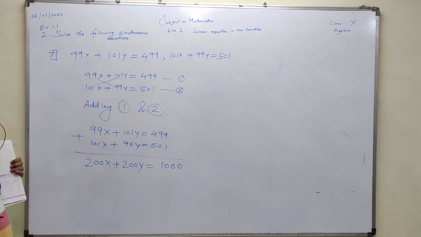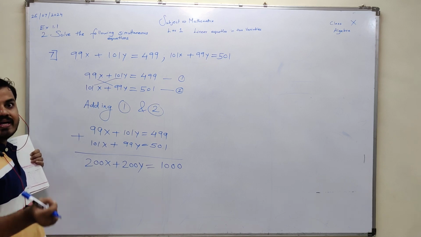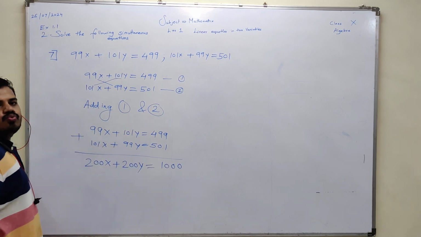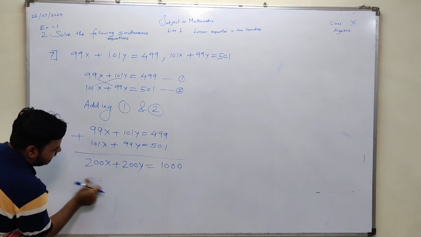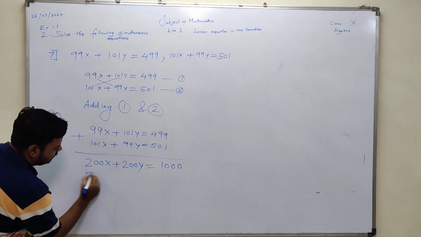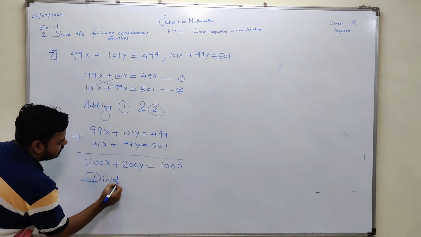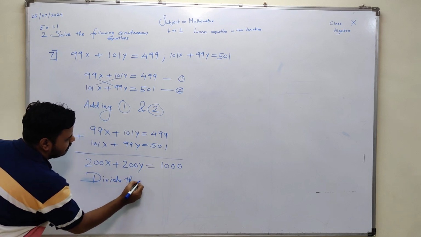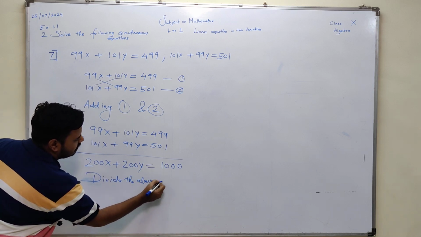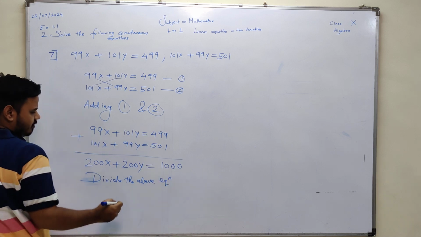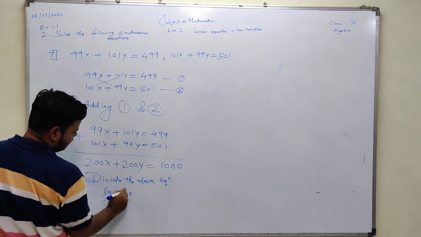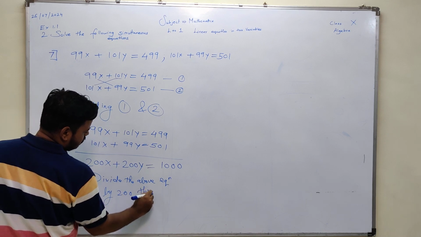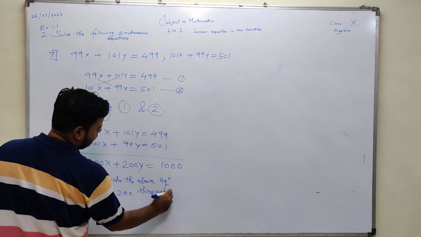Now after getting this equation, what you have to do, you have to divide it throughout by 200, not 2000. So I am writing here, divide the above equation by 200 throughout.